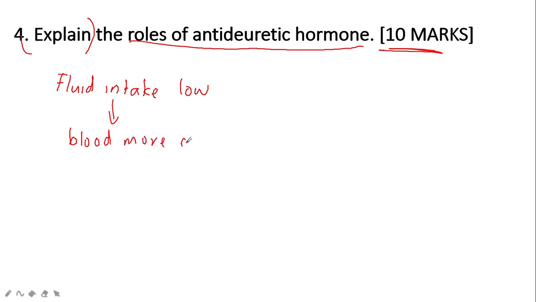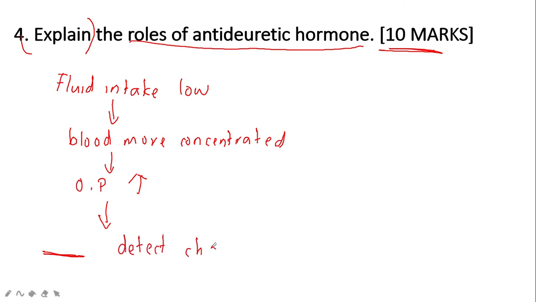concentrated. Okay? So when the blood is concentrated, the osmotic pressure will increase. So if the osmotic pressure increases, what will detect the changes is the osmoreceptor in the hypothalamus. So after it detects the changes, it will trigger a negative feedback mechanism.